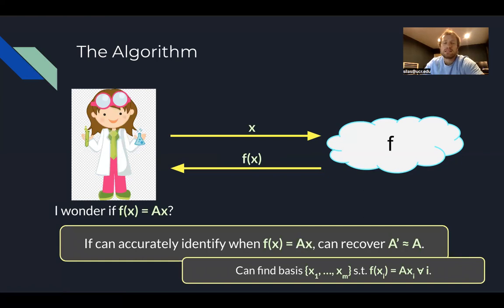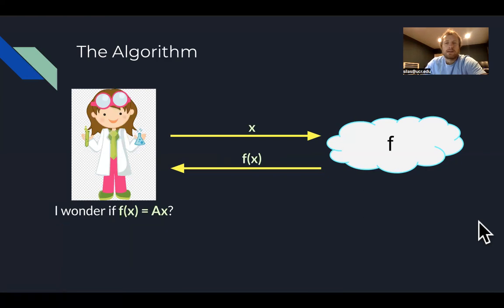Basically, you just find a basis of x's such that f of x_i equals A of x_i for all i, and that's going to let you recover A. And so I'm not going to talk about explicitly how you recover A anymore. We're going to basically try to give a way to answer this question with good probability.